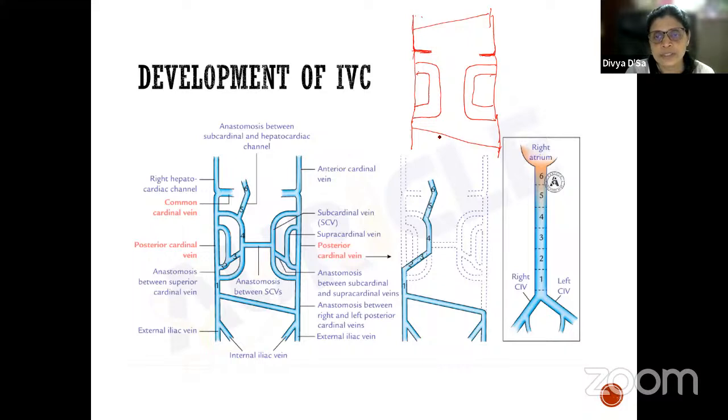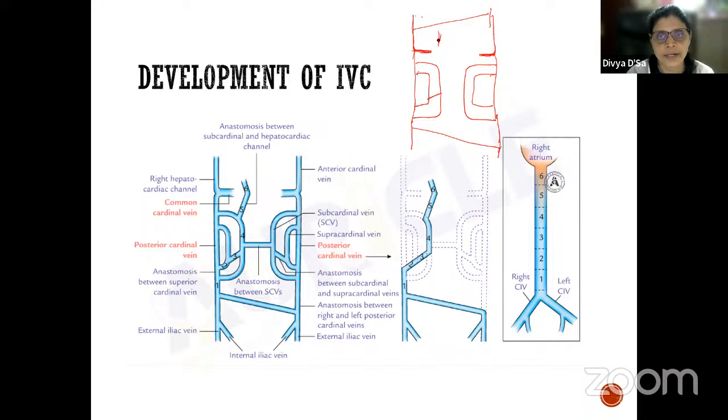Okay. So now this is one anastomosis. Once the supra and the subcardinal veins are formed, there is an anastomotic channel between the supra and the sub. Then here in the upper part, we have the hepatocardiac channel.